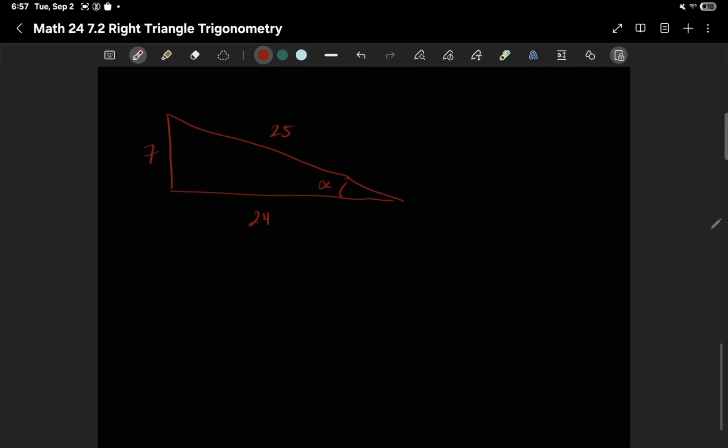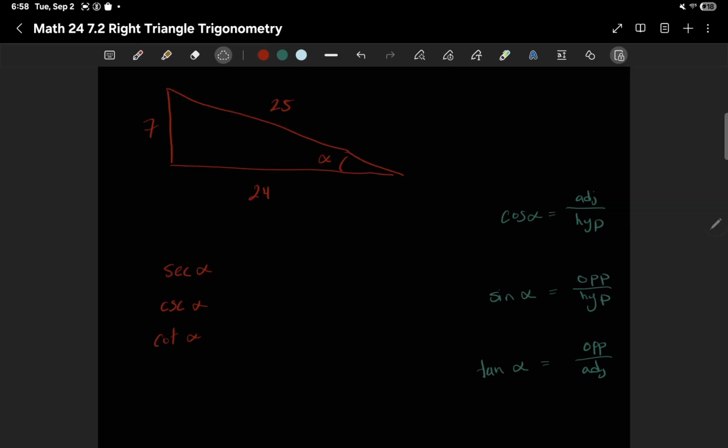And what I want to find now is secant of alpha, cosecant of alpha, and cotangent of alpha. And so I went around and brought my key that I created from before. And I'll do the same thing as last time where I create a key for my side values.